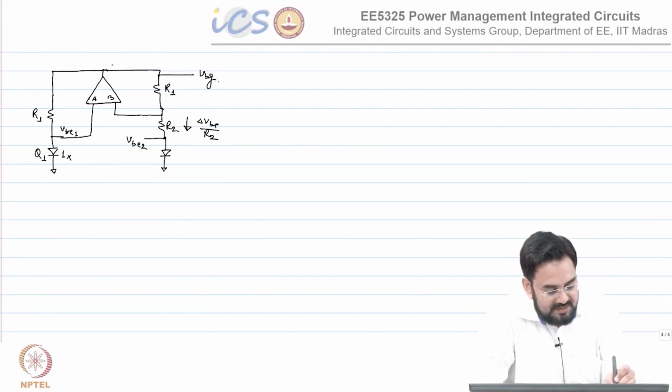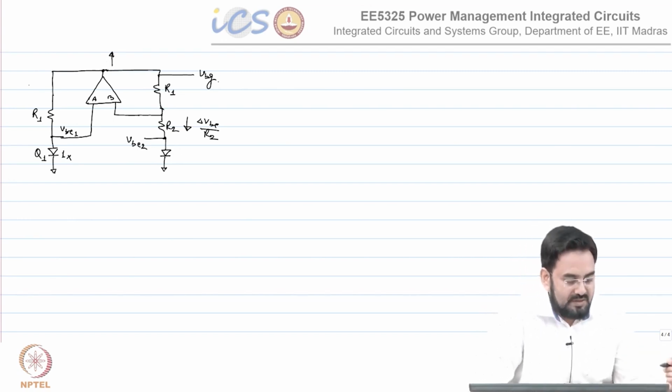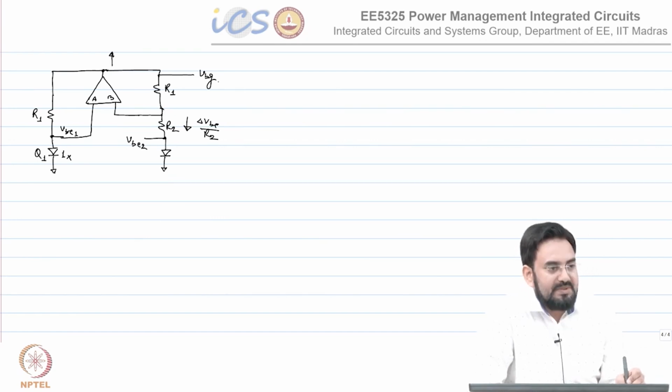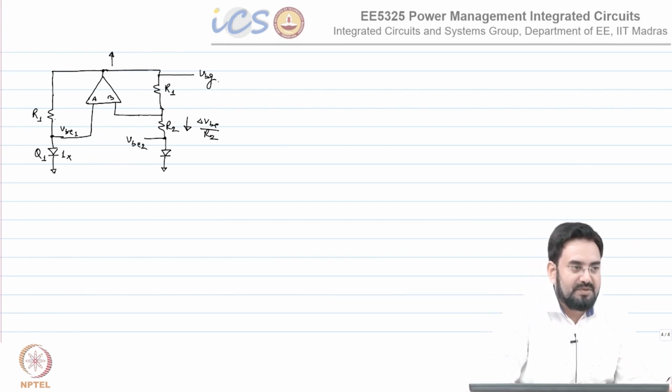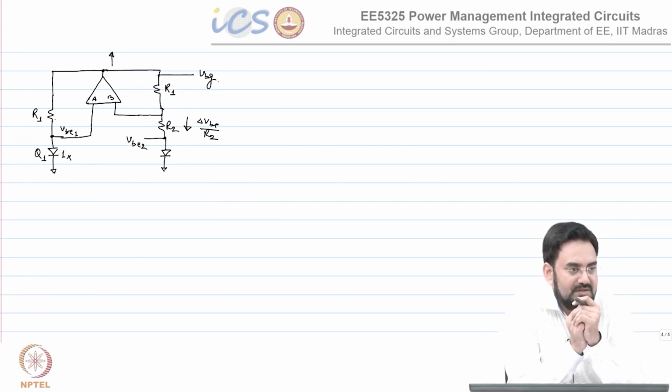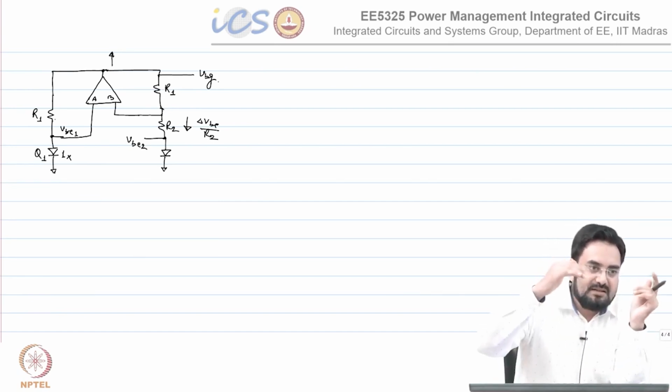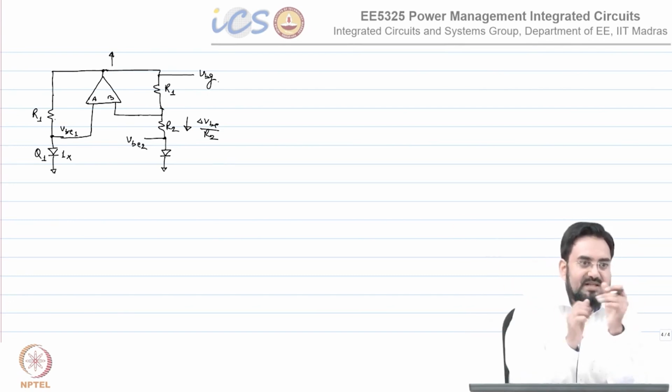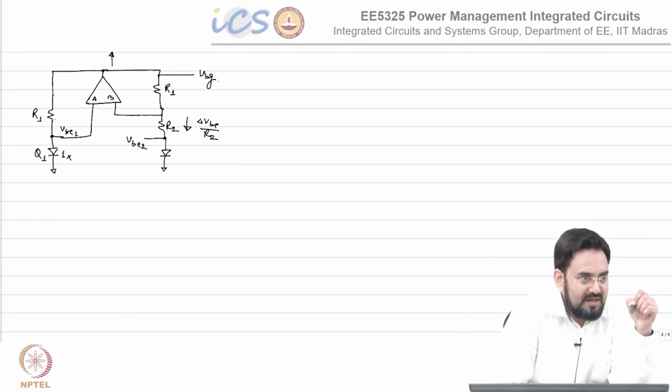So if I, let's say, increase this voltage, now move around this, what would happen? If this is changing, both the voltages will change. And this is VBE. The incremental change in the VBE is very small, because the characteristic of your diode or your bipolar, your collector current, has an exponential relationship. So if you change the current by a large amount, your VBE will change by a very small amount.